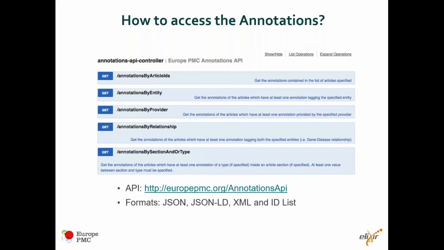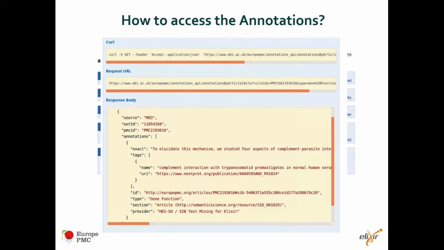So let's look at a typical response. This would correspond to fetching annotations by article ID. Here, the structure of the response is fairly straightforward. You have a section that provides the article ID, that is both the PMC ID and, when available, the abstract ID, PMID.